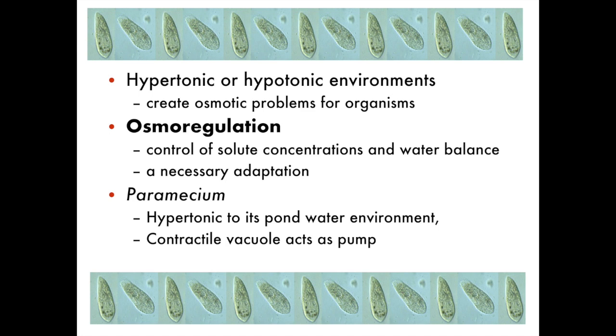So a paramecium, which lives in a freshwater pond, is hypertonic. So since it's hypertonic, water is going to try and get in there and dilute the paramecium cell. Well, the paramecium certainly doesn't want to get diluted to death, so it's got a structure called a contractile vacuole that pumps fresh water out and keeps the cell intact.